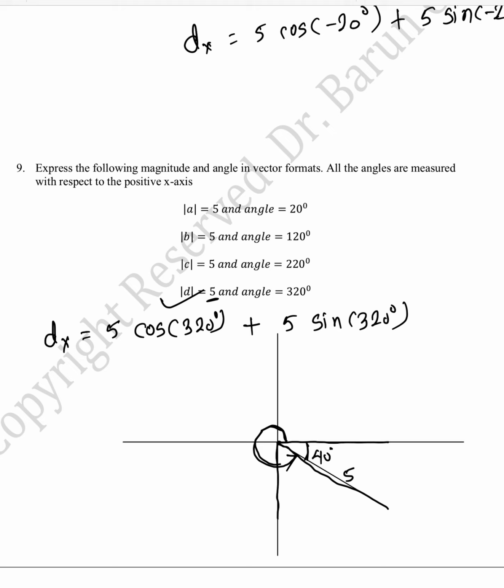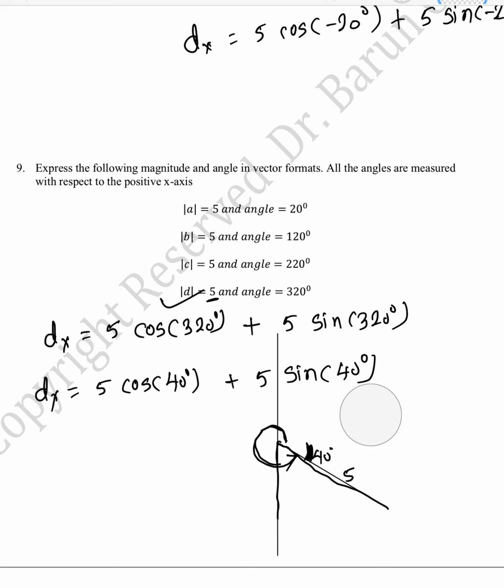And the other way is if I write down d is equal to 5, and if I use this angle, cosine 40 degrees plus 5 sine 40 degrees, then I must use the direction as well, because the 40 degrees could be along this way too.